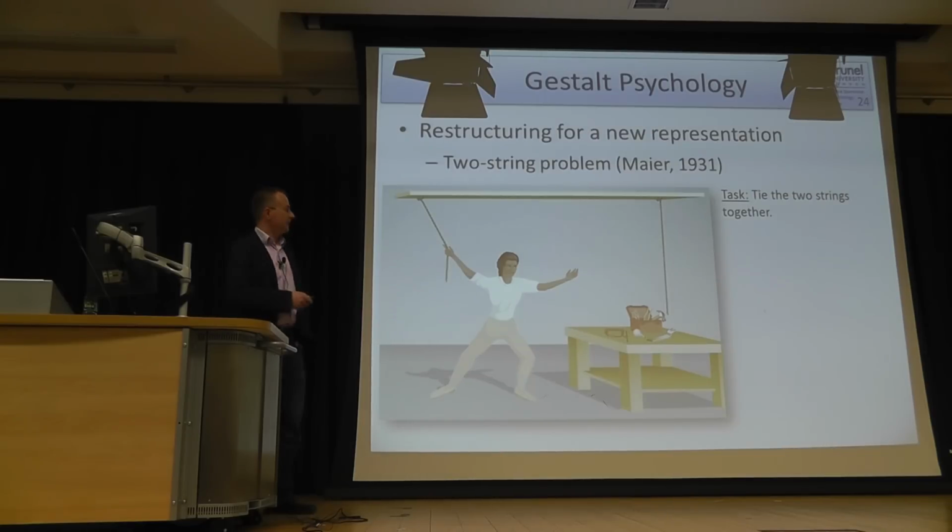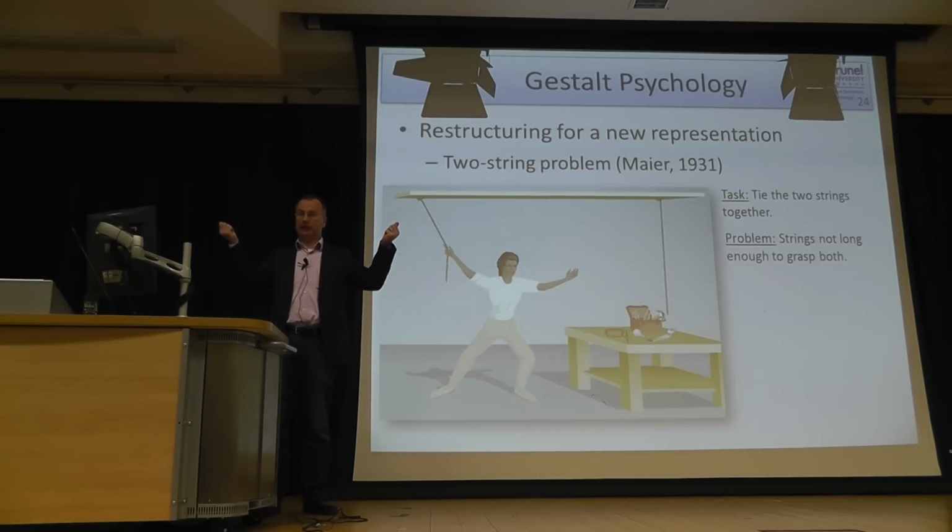Now the task is, please tie the two strings together and make a knot in them. However, the problem is the strings are so far apart that when you hold one string, you can't reach the other one. If you had both in your hands, they would be long enough to be tied together.